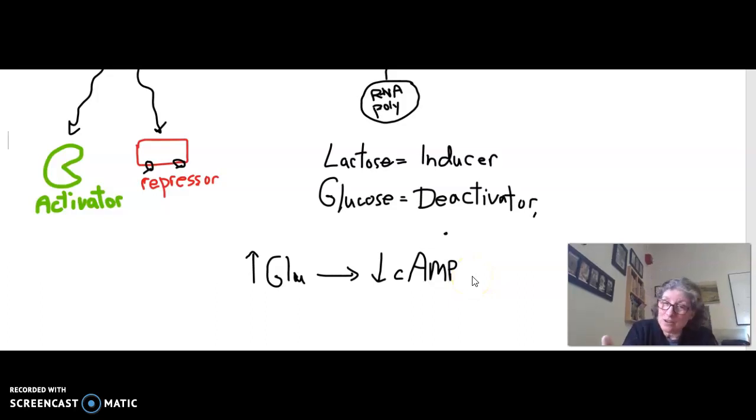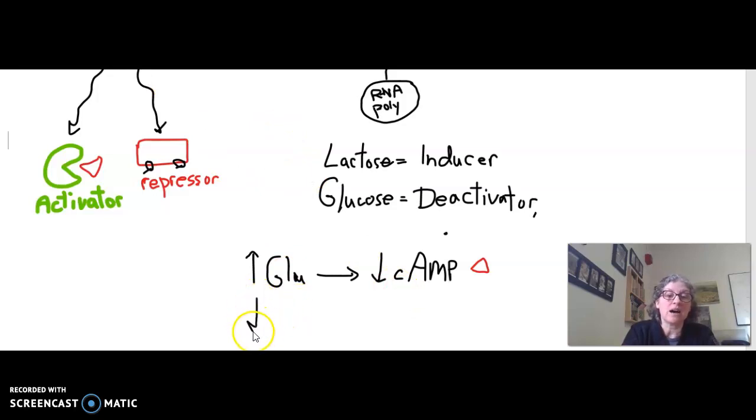But here in this environment, it works a little differently. cAMP works as a little co-activator, like that little slice of pie that fits right into the activator. And when it's there, it makes the activator work and makes the enzymes easier to make, allows the RNA polymerase to work more easily.